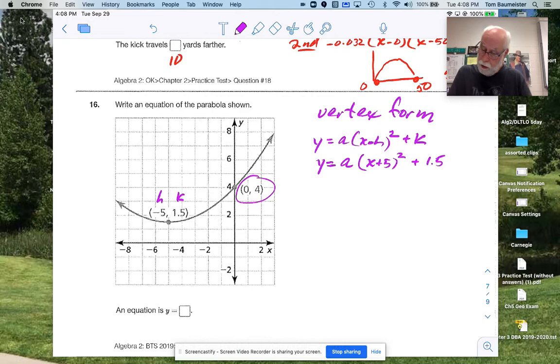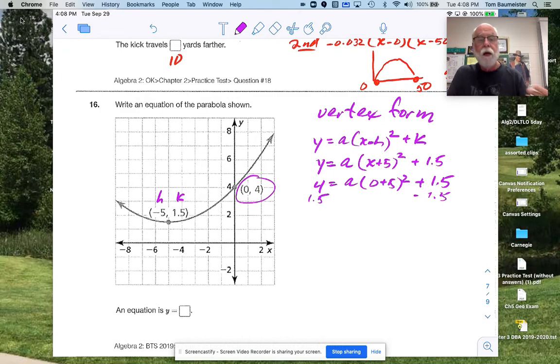So on that one there, we have 4, because remember, we need to find our a value here. 4 is equal to a times (0 plus 5) squared plus 1.5. Okay. We will get, let's see, 5 squared is 25. Well, first I'm going to subtract 1.5, because again, I need to get the a by itself.